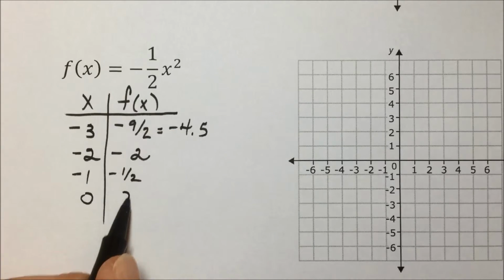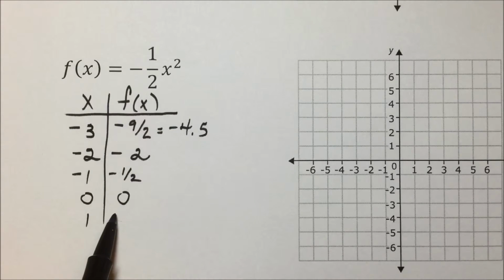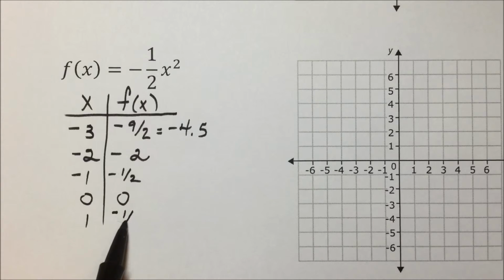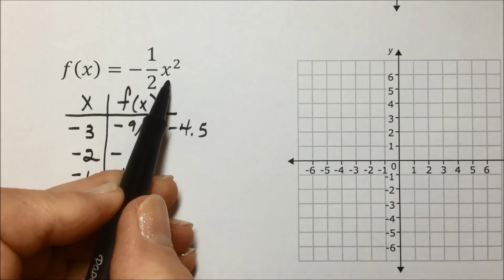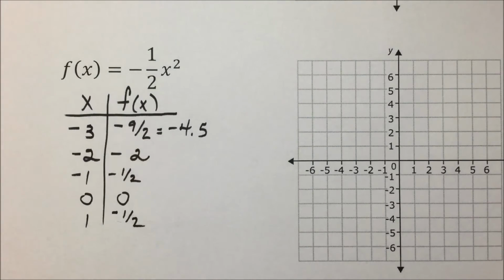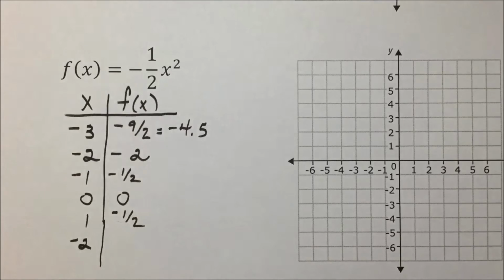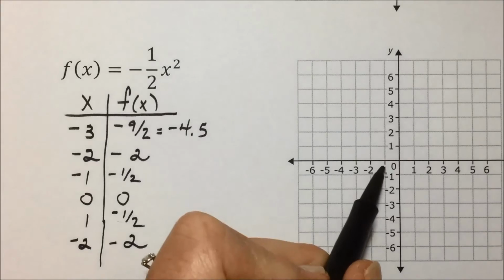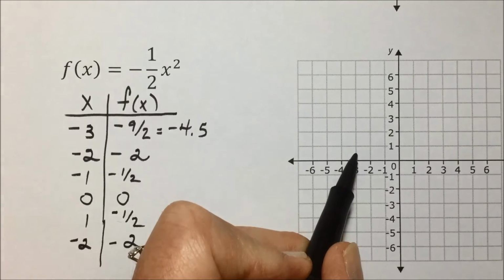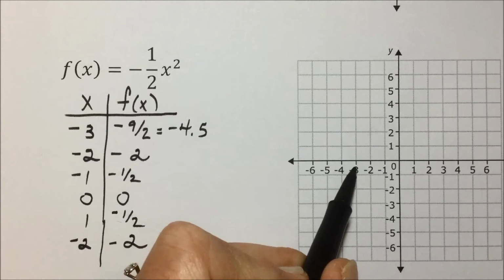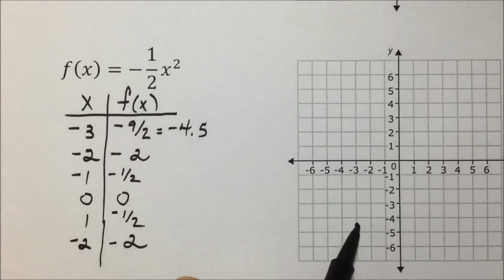0 results in 0. 1 will be a -1/2 because the 1 squared is 1 times a -1/2. Putting in a 2, squared is 4, but timesing it by a -1/2 is a -2, and we could go on. But to plot this, -3, -4.5 is going to put us here.